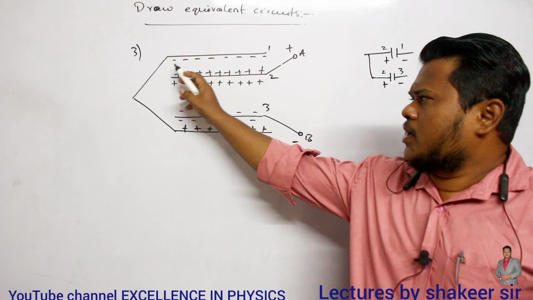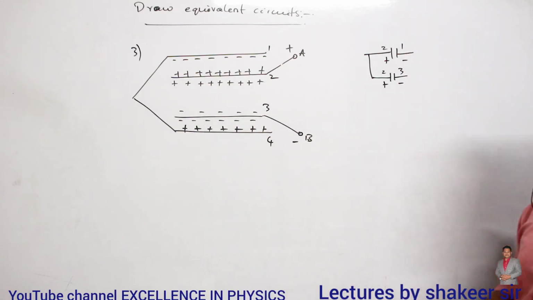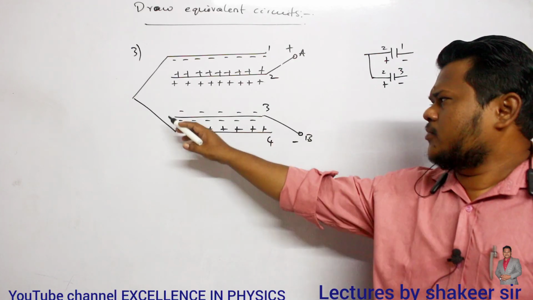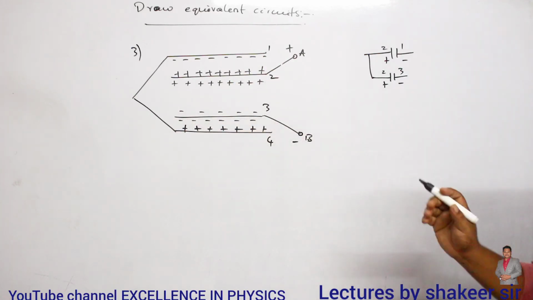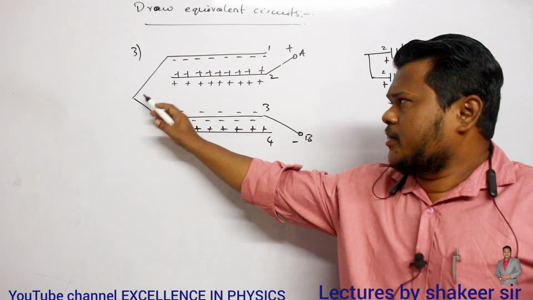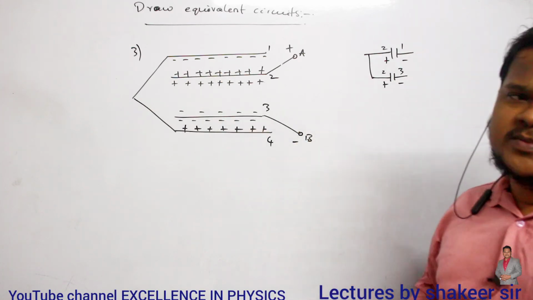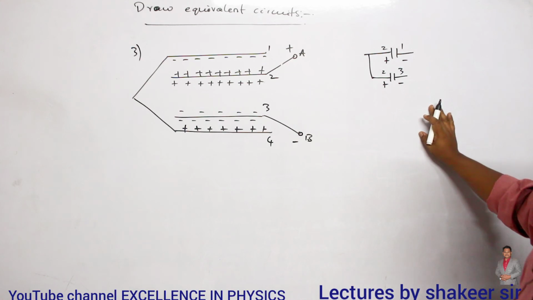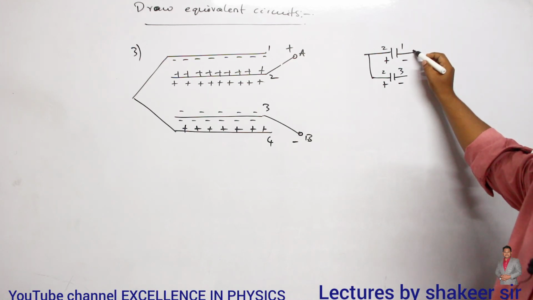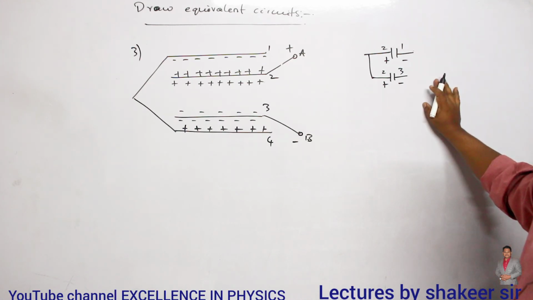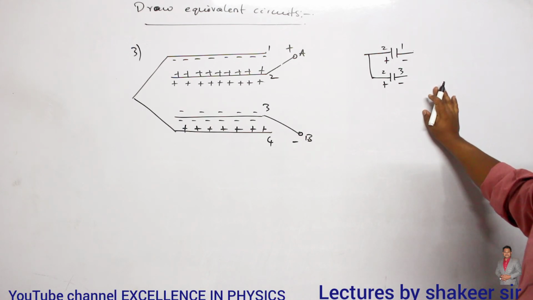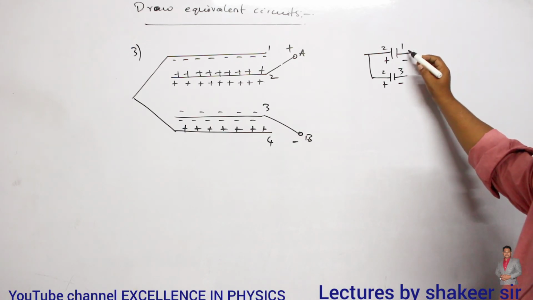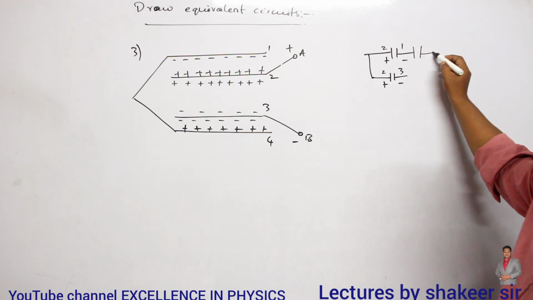Now see here 1 and 4, they are connected at same potential because both of them are connected to the same circuit, or both of them are connected here. So therefore 1 and 4 they must be present at same potential. So therefore what I can write? I can write like this: 2, 1, 1 is present here, so I can write 4 and 3.